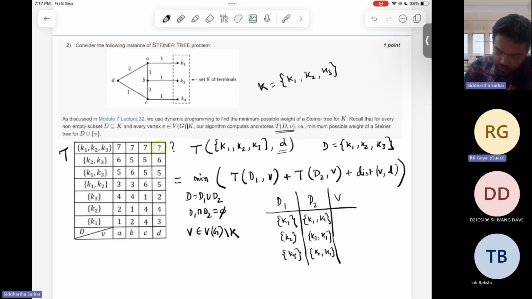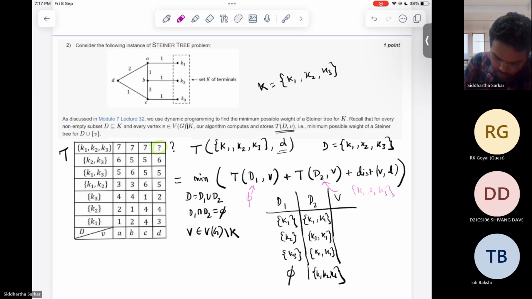So basically, if you consider one more entry as phi and K1, K2, K3, then we will replace this with phi. Let me just write it. Here we'll have phi, and here we'll have K1, K2, K3.